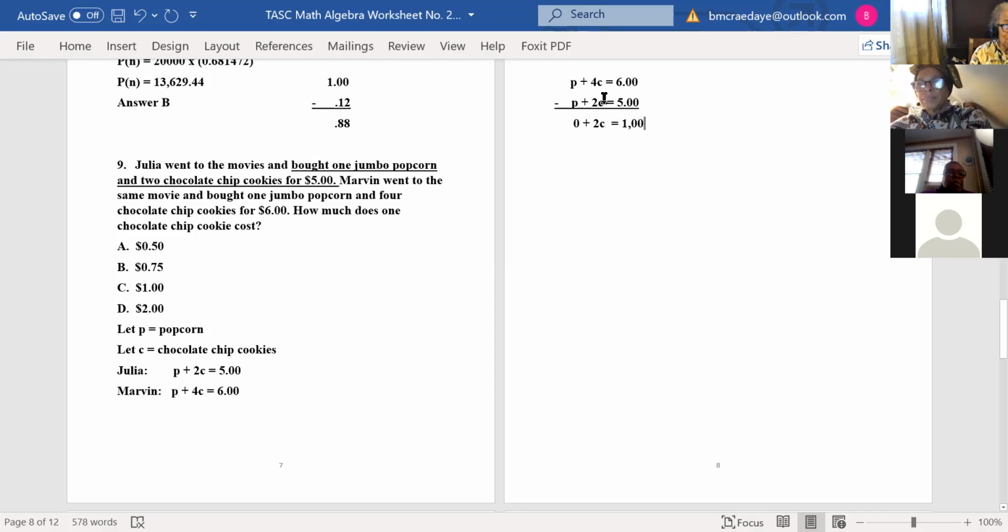So now you see, just line this up. So now we have what? And 0 plus 2C is just 2C, correct? This is not a comma here, it's a decimal point.